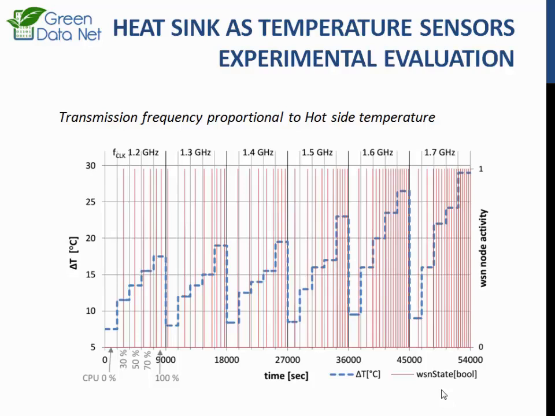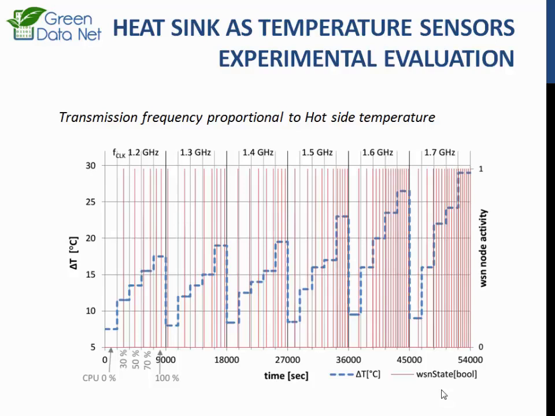You can have a CPU that runs at full speed but is underutilized, or you can have the same processor at full frequency and with 100% utilization. Of course, this difference can create different thermal gradients between the two surfaces, and you can collect different amounts of power that can be used later.